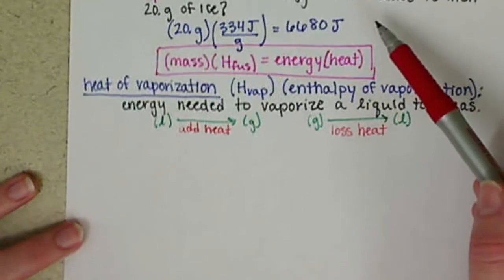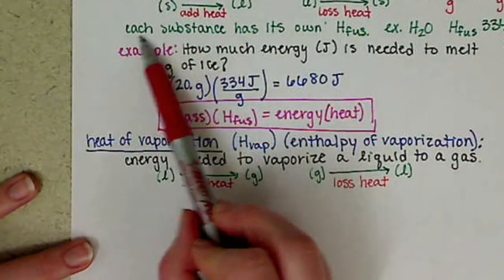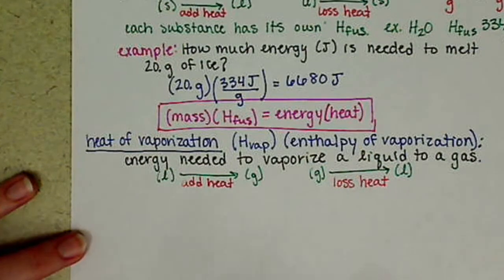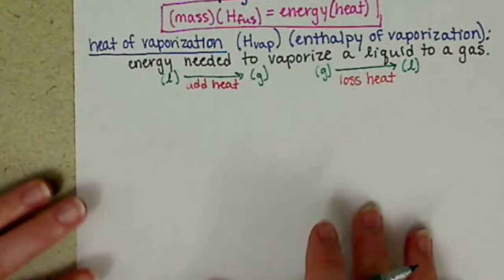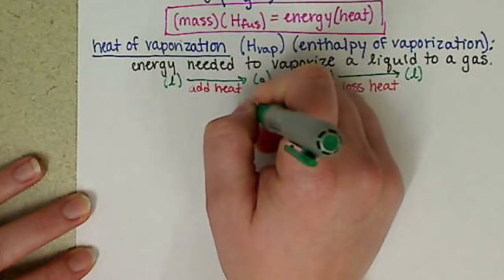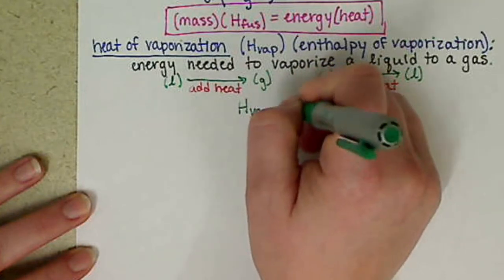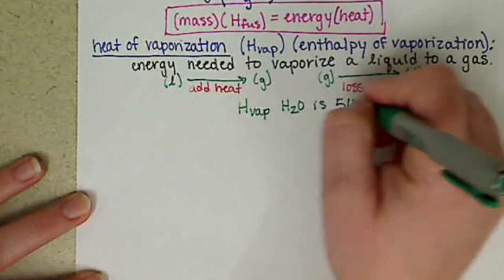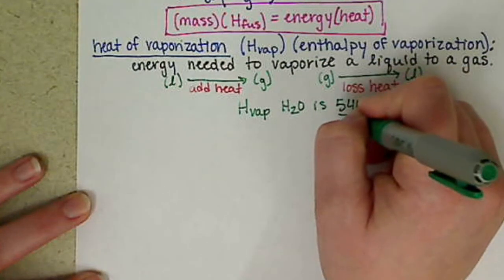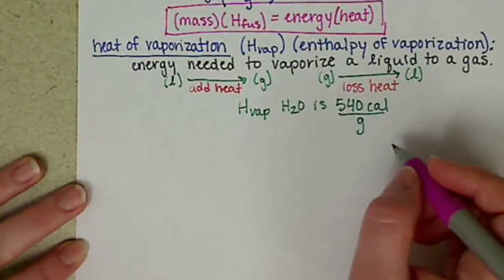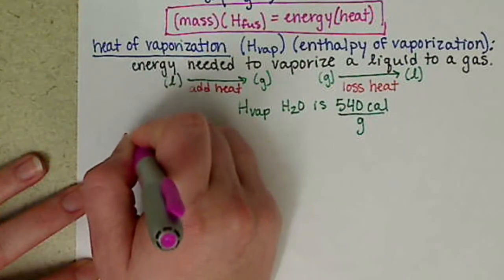Same concept as our heat of fusion, each substance is going to have its own H of vaporization. If we're still working with water, we like working with water, it's very common, the H vap of water would be, let's work in calories just to get some practice with those units, 540 calories per gram. So let's do an example.